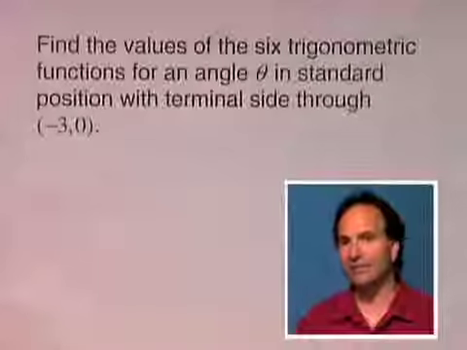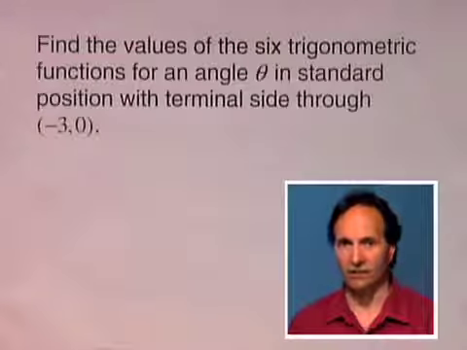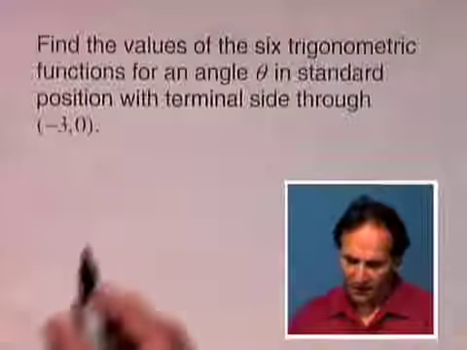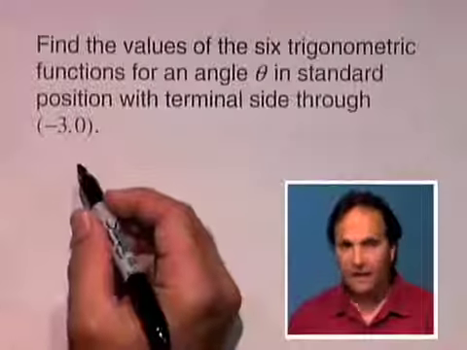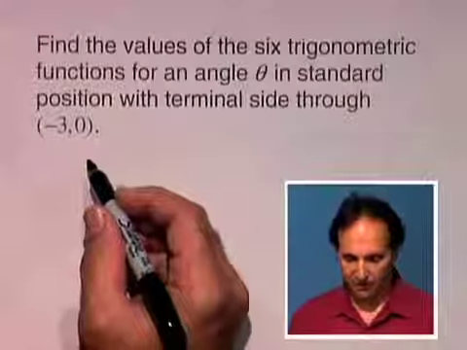We will find the values of the 6 trigonometric functions for the angle theta in standard position with terminal side through -3, 0. Let's draw where -3, 0 is to begin this problem.